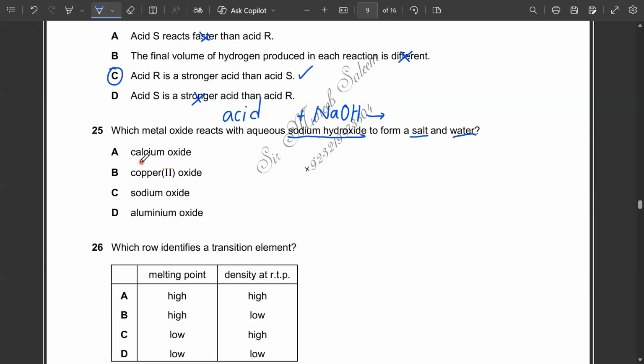But among the options given, calcium oxide is a base, copper oxide is also a base, sodium oxide is also a base, and aluminum oxide is amphoteric.